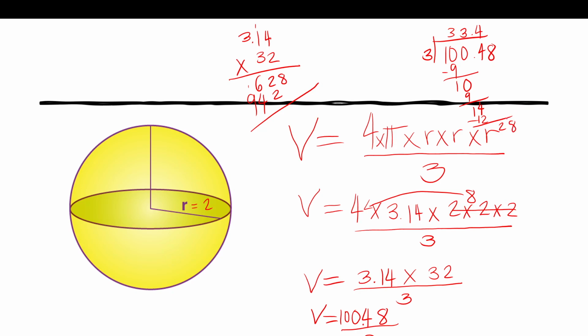And then, bring down 8. So, 9. 9 times 3 is 27. 28 minus 27 is 1. Add 0. Bring down 0. Ilang 3 meron sa 10? Tatlo. 3 times 3 is 9.